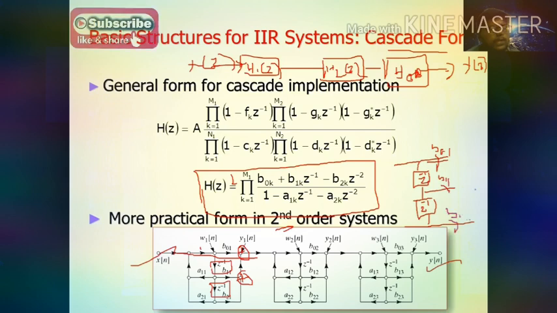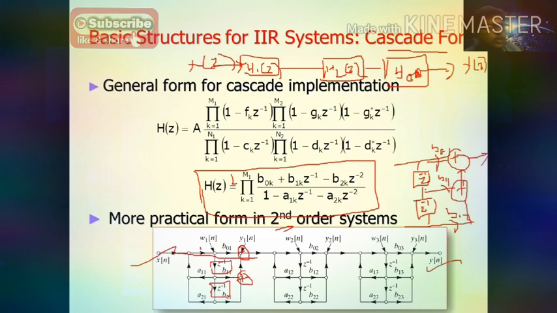Okay, we need to add these 3 values. So I put here an adder element. So I add these 2 signals first, and then these 2 signals' output will be added with the first one. So I add one more adder element. So I join together. So now this is your output y of n. Okay, the numerator portion will be over.